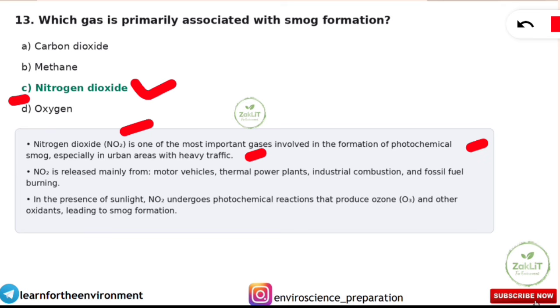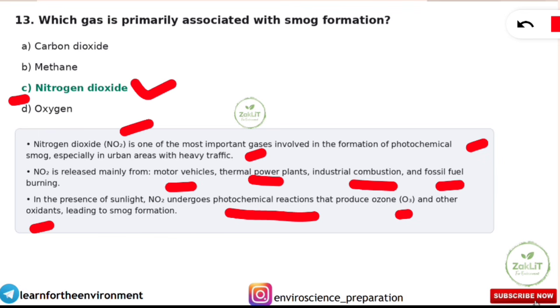So nitrogen dioxide is released mainly from motor vehicles, thermal power plants, industrial combustion and fossil fuel burning. So in the presence of sunlight, nitrogen dioxide undergoes photochemical reaction that produces ozone and other oxidants, leading to the smog formation. So it is the main gas which is primarily associated with the smog formation, nitrogen dioxide.